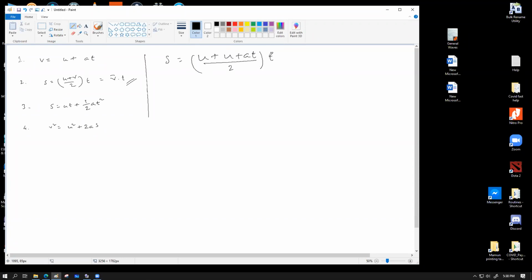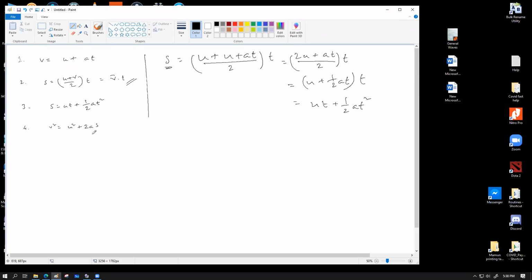So I just replace the v over here, and that brings me (2u plus at) divided by 2 into t, which essentially gives me (u plus half at) into t, or ultimately I get ut plus half at square. So this is one of the derivation processes for this one. We can calculate the total distance of an object using this expression.